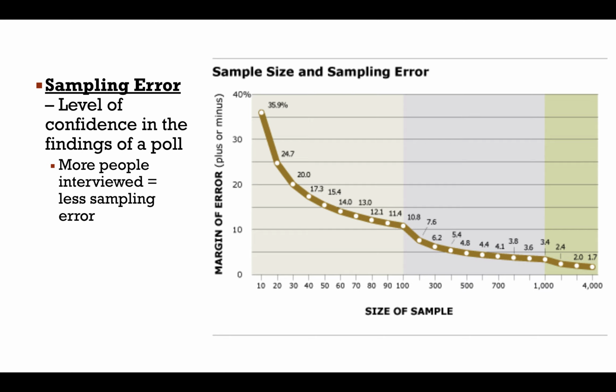So you want to get a small sampling error. If we looked at a tracking poll of presidential approval ratings, and it said 43% of people approve of President Donald Trump, there might be a sampling error of like 3.5%, and that means it could actually be as low as 39.5%, or as high as 46.5%.